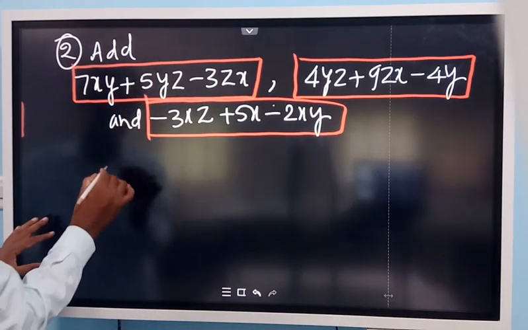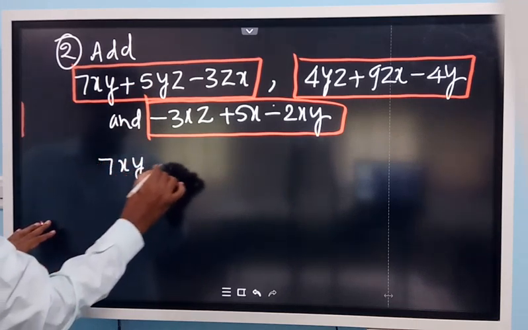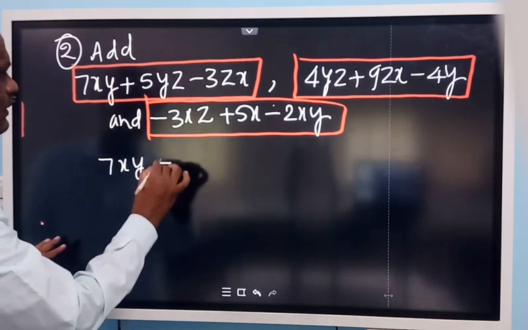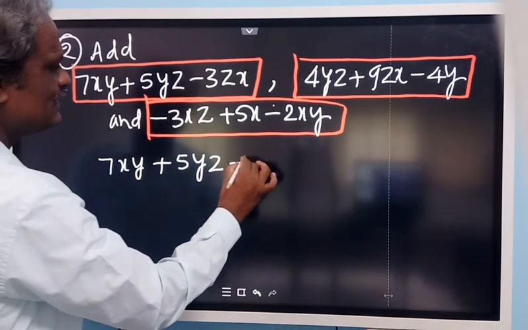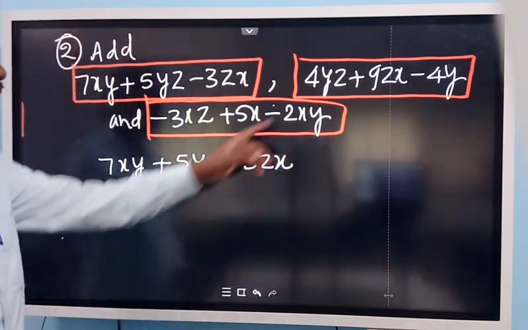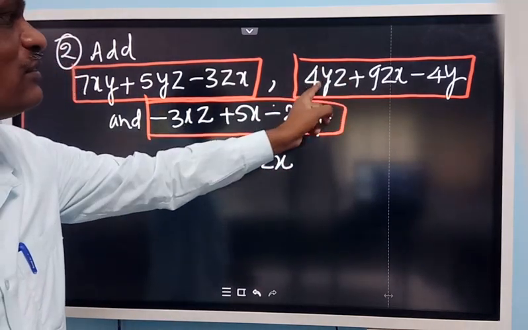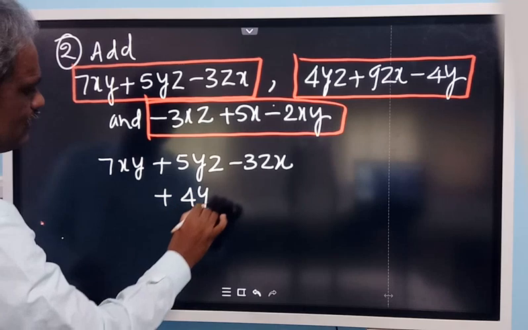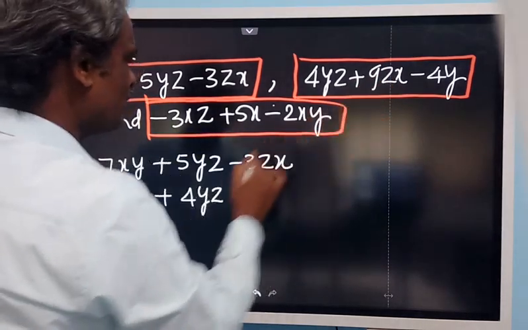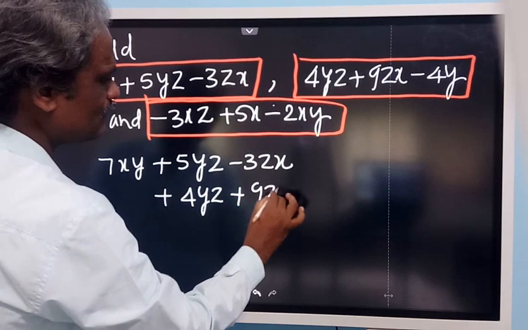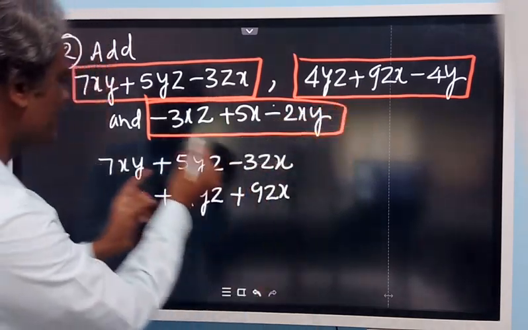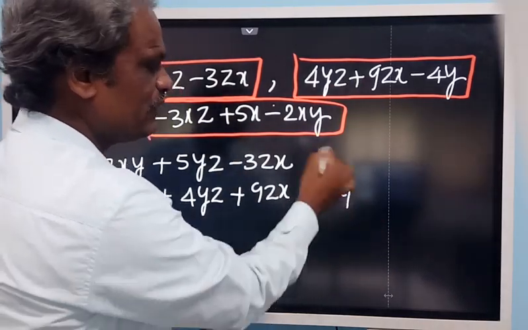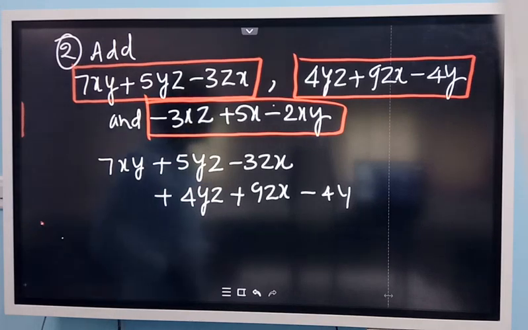First let me write the first expression, 7xy plus 5yz minus 3zx. See here, this also contains three terms. 4yz we have to write below 5yz. So let me write this one, 4yz. Then 9zx we have to write below this one, plus 9zx. Then minus 4y, we don't have any term here with that type of variable, so we write it separately, not below any other term.